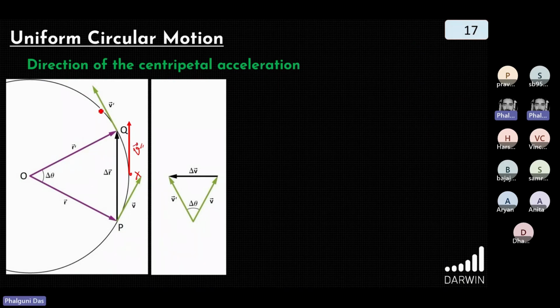In that case, we will find delta v, which is simply v double prime minus v, the change in velocity from P to X. So what happens if we shift vector v here, in a larger frame? This is our v double prime vector. The direction of acceleration is delta v. So delta v points towards the center. Yes or no?